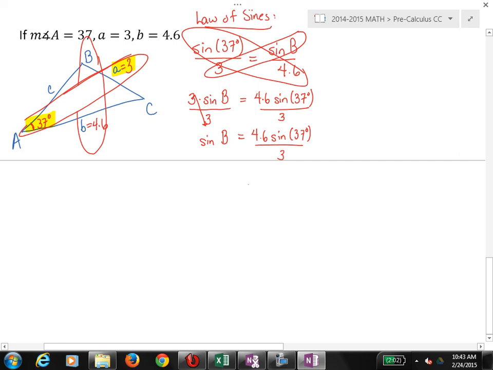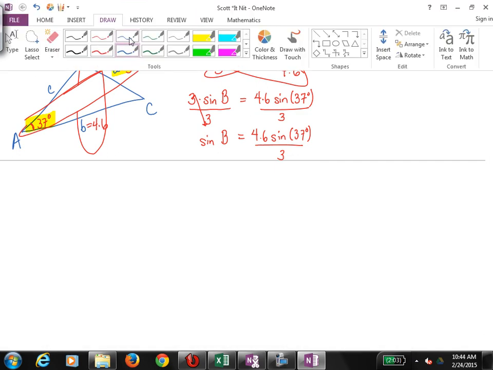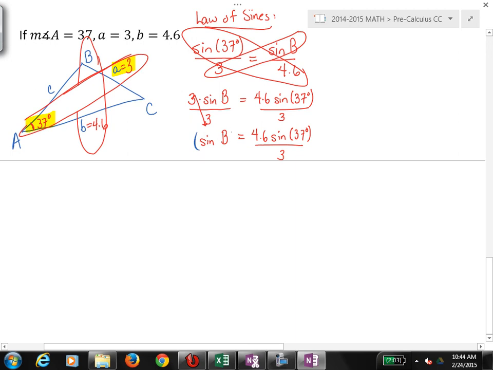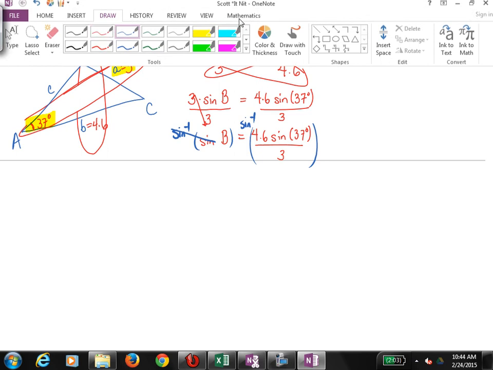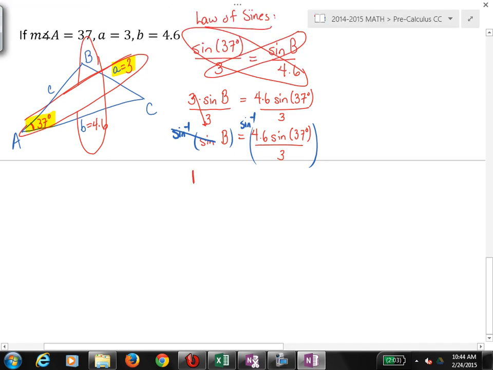Now, from chapter 5, how do I get rid of this sine in front of this B right here? The inverse of sine. Okay, so good. So I'm going to go ahead and take arc sine of both sides, and I'm going to do it this fashion where I'm indicating that I'm taking the arc sine of both sides. That way these two eliminate, and I will be left with my answer.